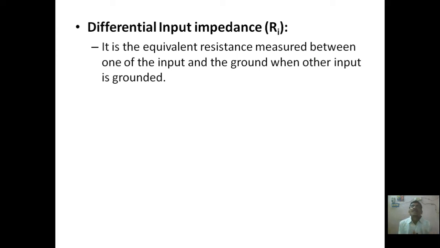Ri1 is the stage 1 input resistance or impedance, and Ri2 is the stage 2 input resistance or impedance. When we are calculating one resistance like Ri1 or Ri2, the other input source must be grounded. That is the main condition when calculating the input resistance.